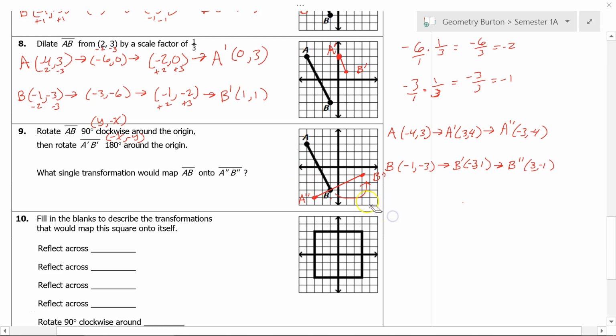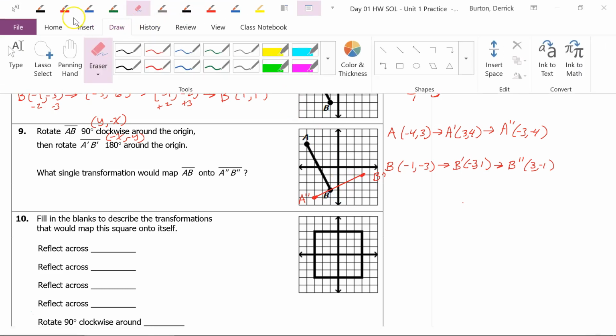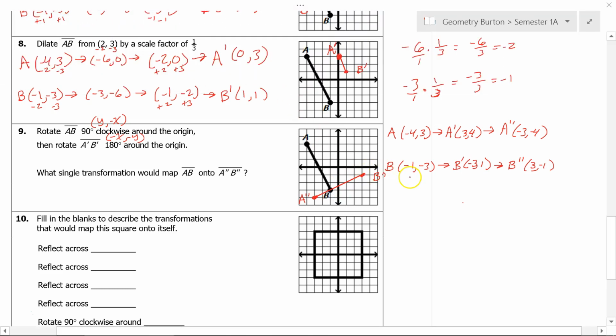Okay, but I don't want to guesstimate. Let's use the rules to check my hypothesis. Look at B compared to B double prime. So if this is the point X, Y, because that's the original point, let's see what happened.